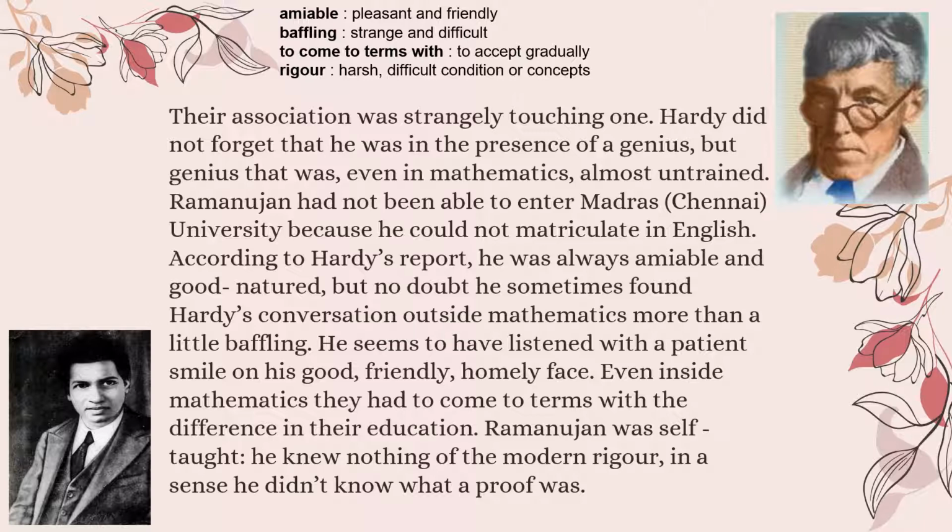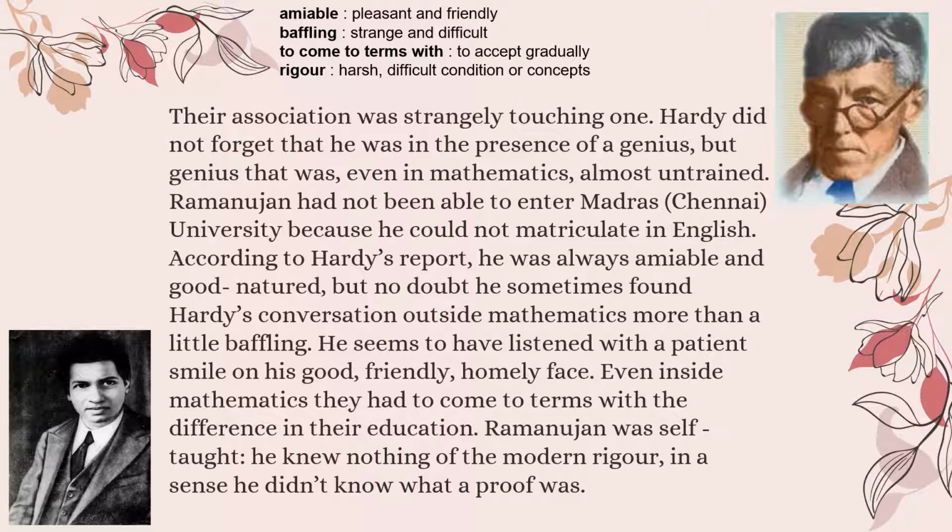He seems to have listened with a patient smile on his good, friendly, homely face. Even inside mathematics, they had to come to terms with the difference in their education. Ramanujan was self-taught. He knew nothing of the modern rigor. In a sense, he didn't know what a proof was.